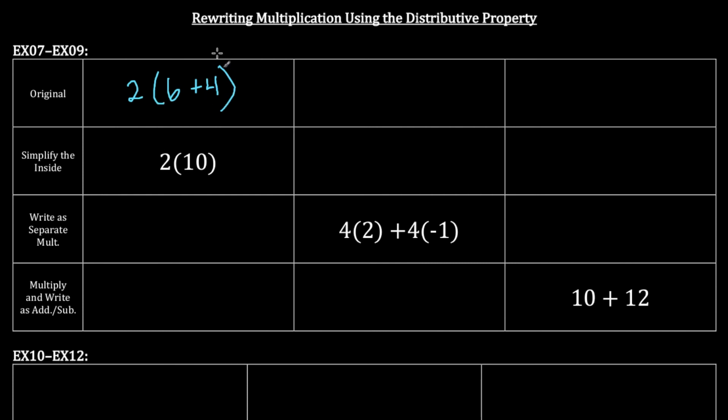It doesn't matter. So I can rewrite that as 2 times 6, and then that's positive 2, so plus 2 times positive 4, which I could have, of course, written as 12 plus 8 instead. 2 times 6 is 12, 2 times 4 is 8.